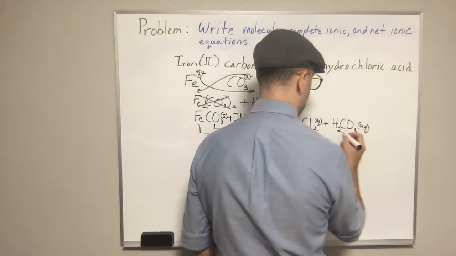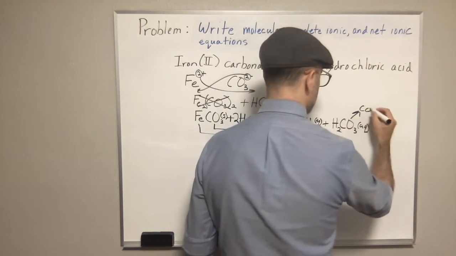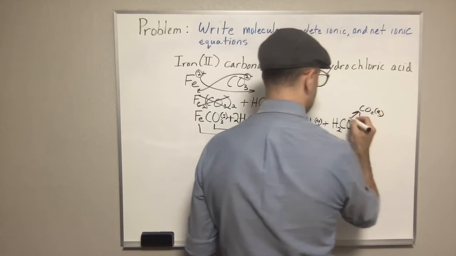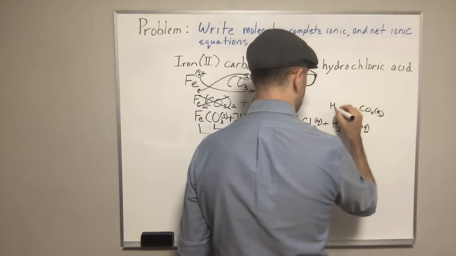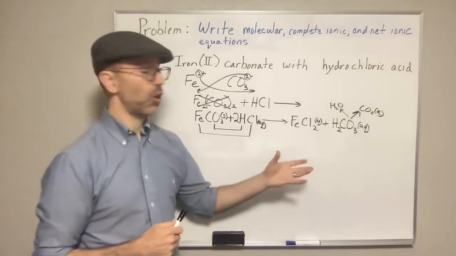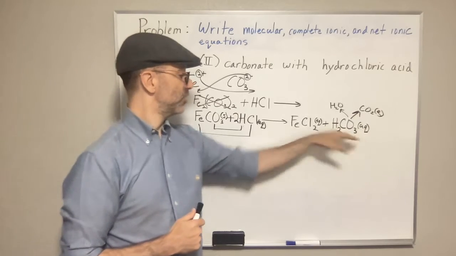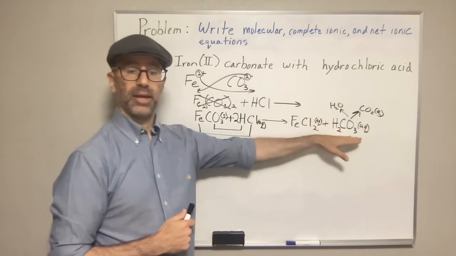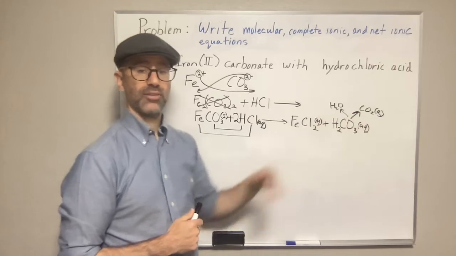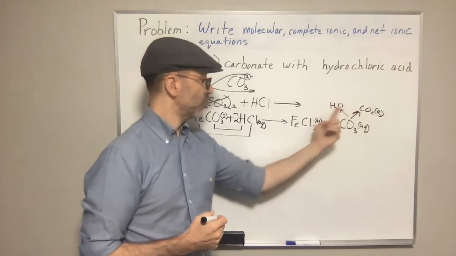So the products here are actually going to be CO2 gas and then H2O. So this is a gas evolution reaction. So this is definitely something to watch out for. So pay attention to carbonates. They can break apart into carbon dioxide and water. So this would be the actual products of this reaction.